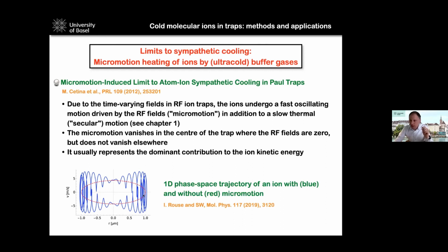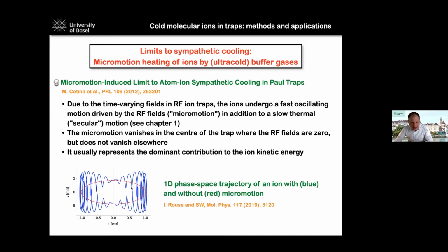This is a fast oscillating motion which is driven by the RF fields. This here, to illustrate, shows a phase space diagram of such an ion in an RF trap, a simulated trajectory.